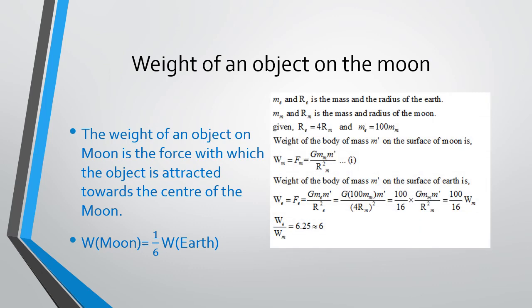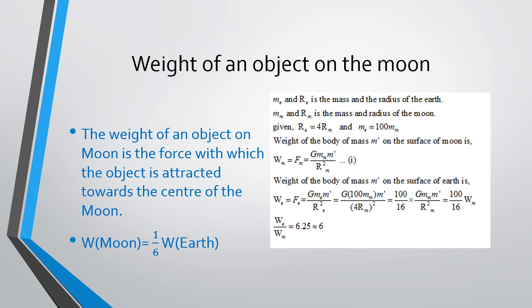Let us consider M E and R E as the mass and radius of the earth, and M M and R M as the mass and radius of the moon. We know the relationship R E will be equal to 4 into R M, and M E will be equal to 100 into M M.